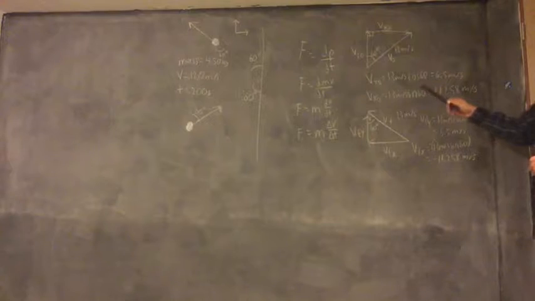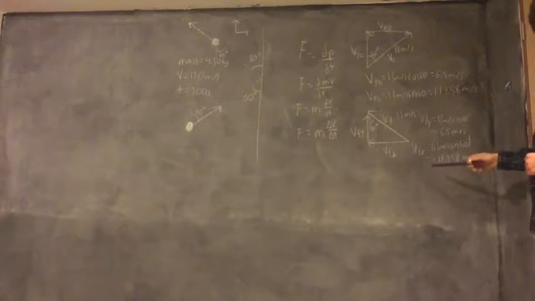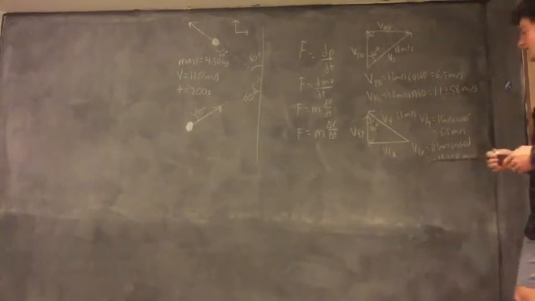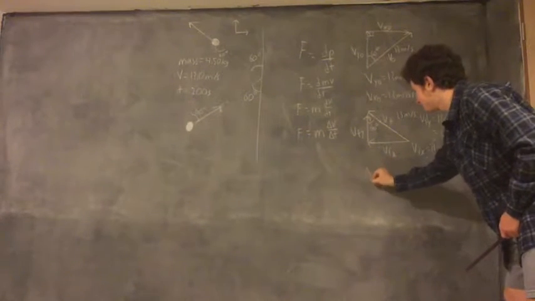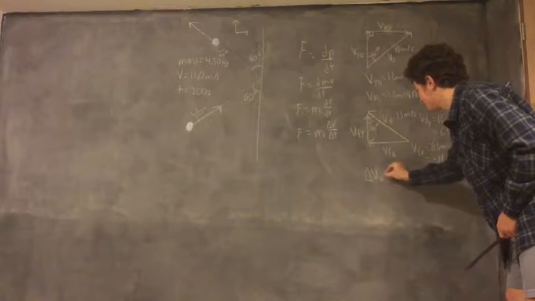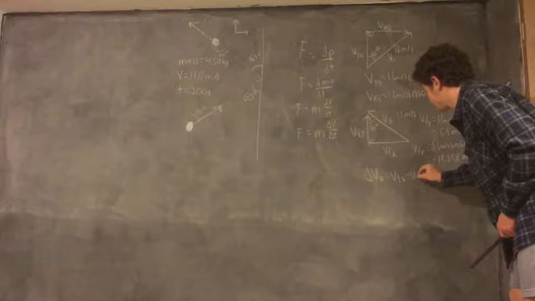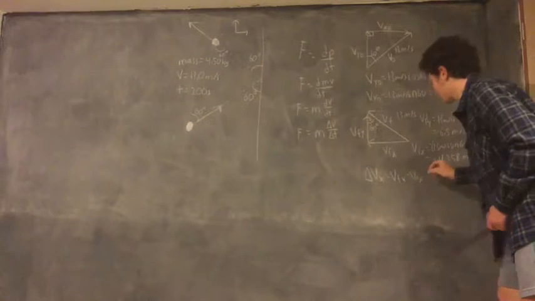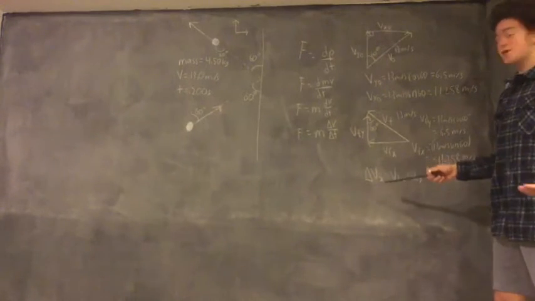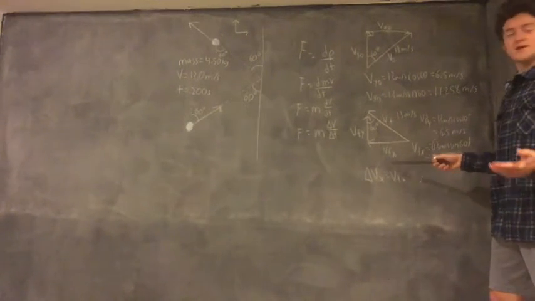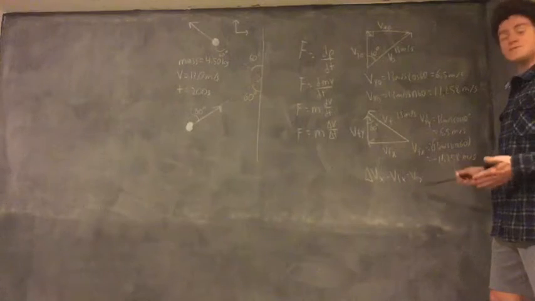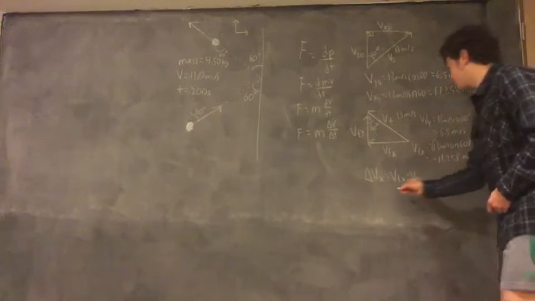So now that we have the original velocities and the final velocities, we can calculate the change in the velocities. The change in velocity in the horizontal direction is the final horizontal velocity minus the original horizontal velocity.